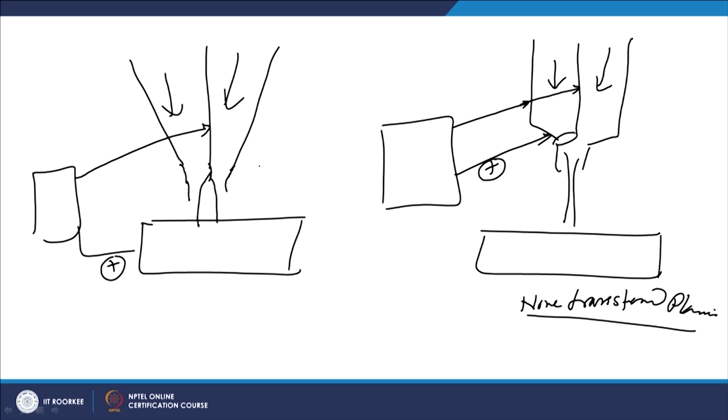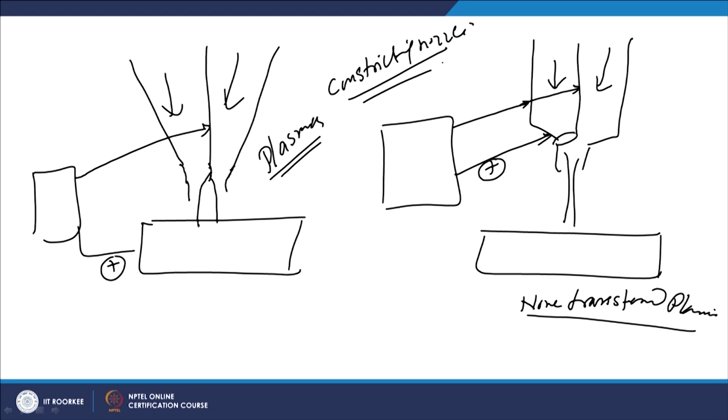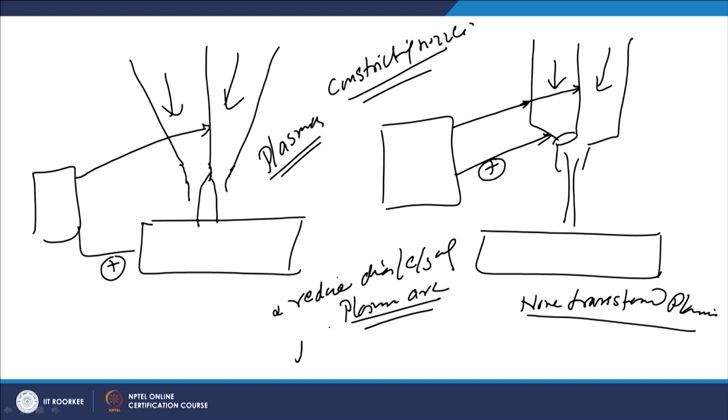So in this case, whatever plasma is formed will be passed through the constricting nozzle. The idea here is to reduce the diameter, or you can say the cross section, of the plasma arc which is being formed.